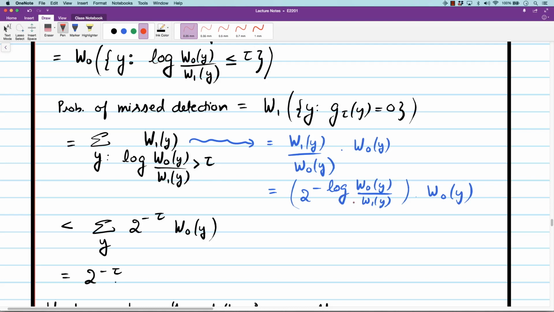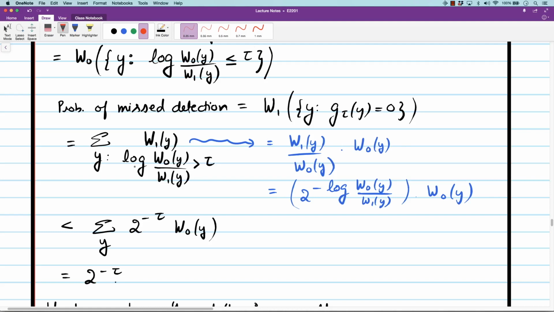By the way, let's try to derive a bound for this probability of misdetection. Here is what we can do. We can express this W1 as W1 by W0 into W0. This is sometimes called a measure change argument. The probability measure under which you wanted to measure things was W1, but you shifted it to W0. And there's a correction factor that you need, W1 by W0, here. So how does it help you?